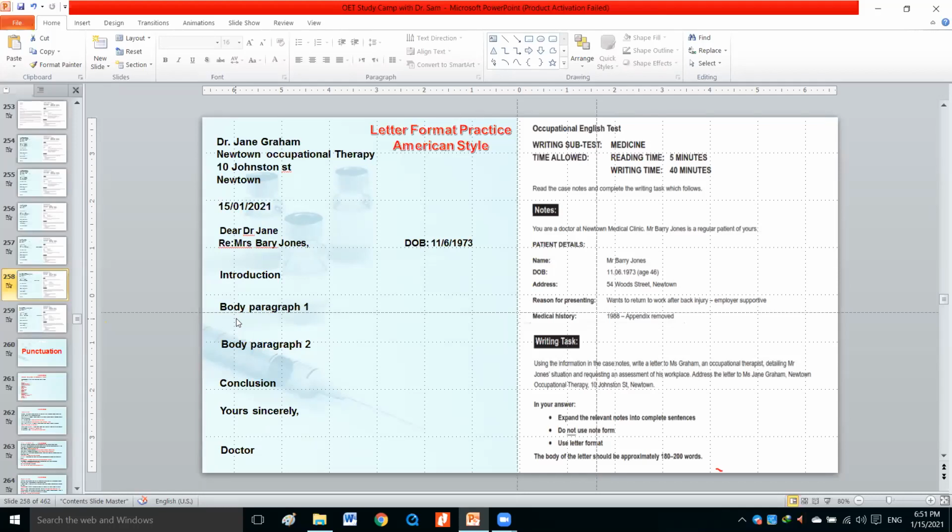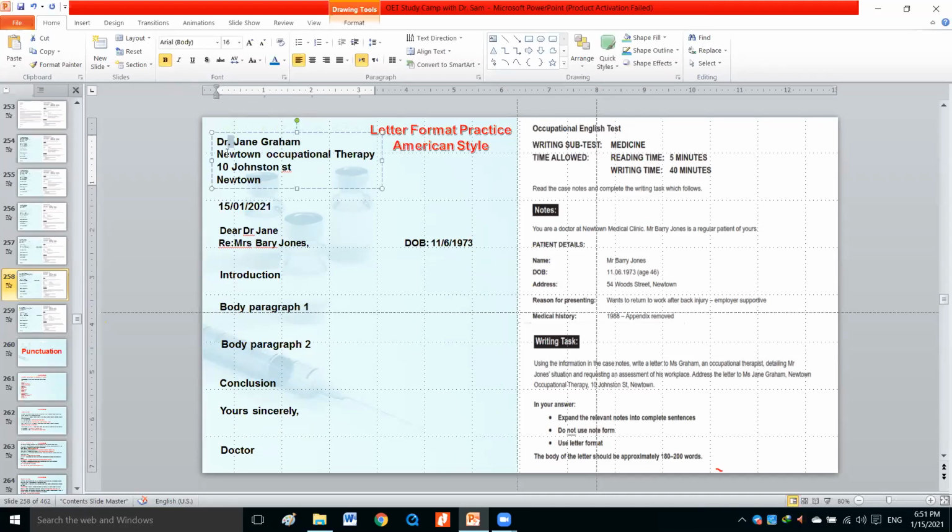While the street, 10 Johnston Street, Newtown, there is no problem. Correct. The first mistake here: Ms., not doctor, Ms., because Jane Graham is not a doctor. She is an occupational therapist.